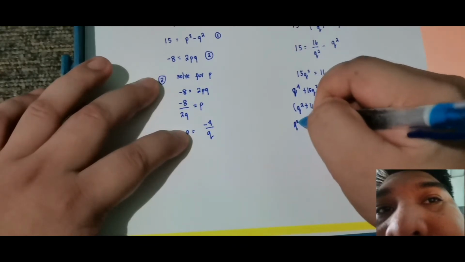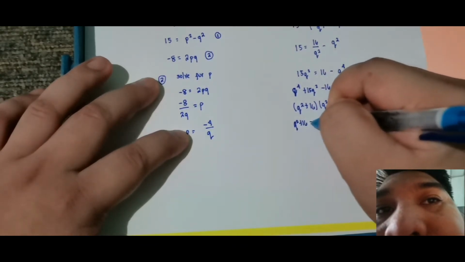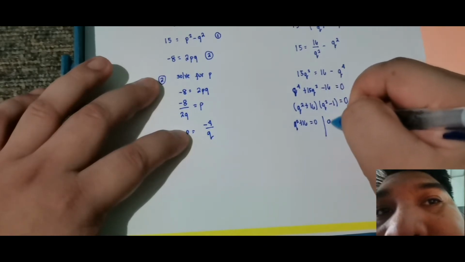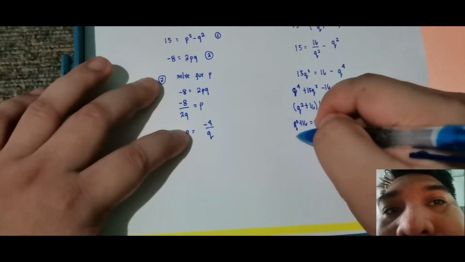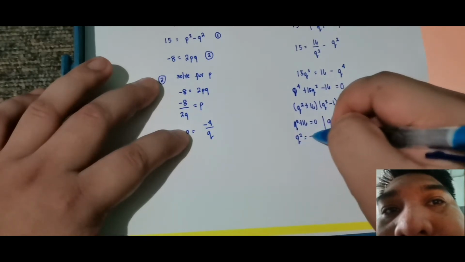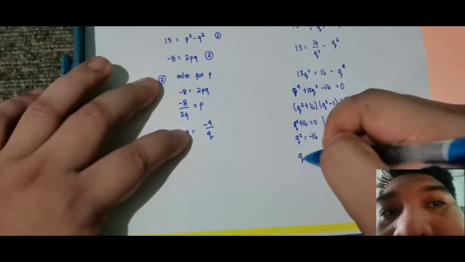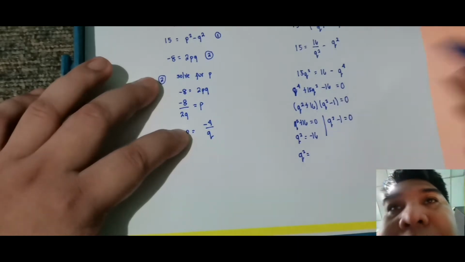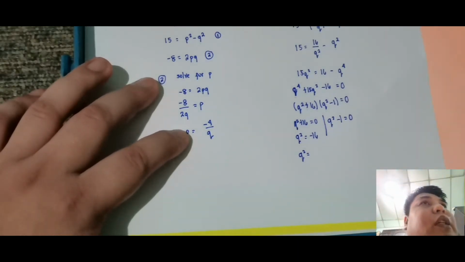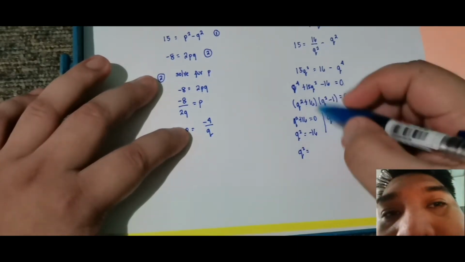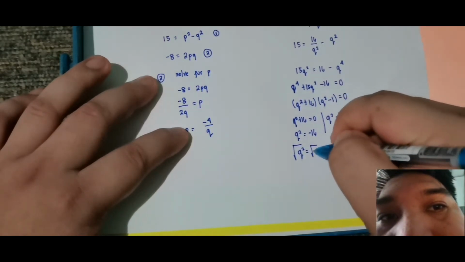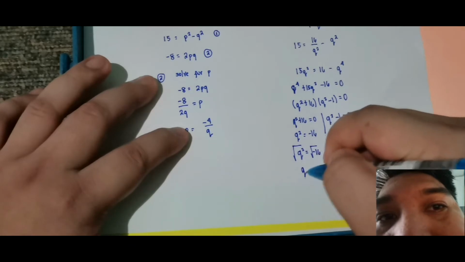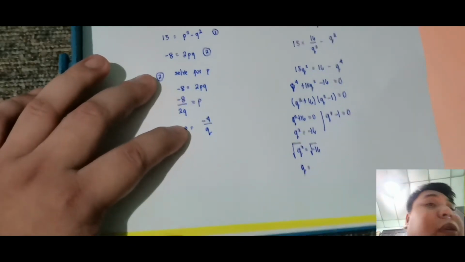So, Q squared plus 16 is equal to 0. Then isa, Q squared minus 1 is equal to 0. Therefore, this is Q squared is equal to negative 16, so Q is equal to the square root of negative 16, that is, Q is equal to positive and negative 4i.